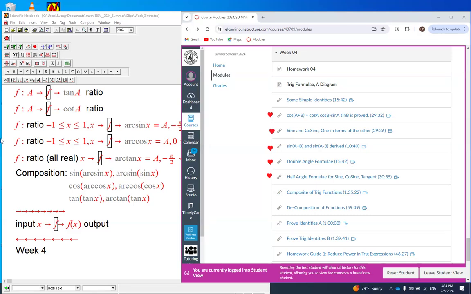The next part we're going to go over is composition of trig functions, and decomposition. Composition and decomposition are very much used in calculus.